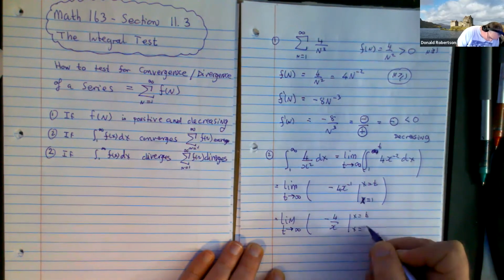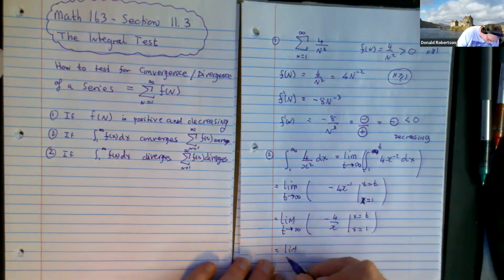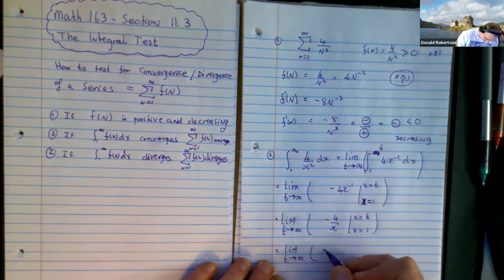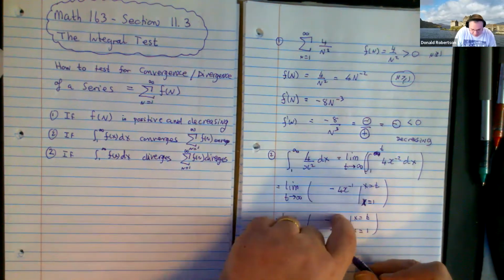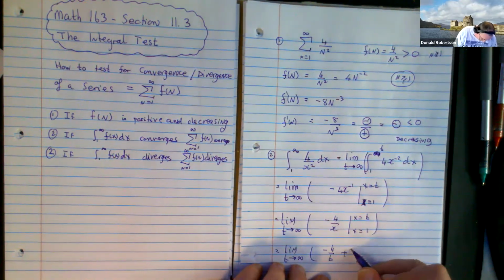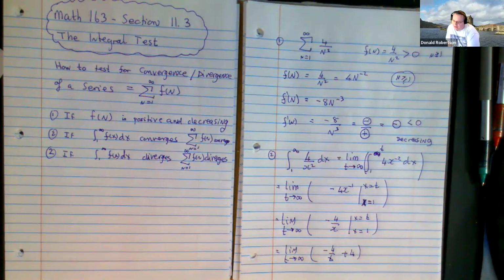Now I can simply plug in some numbers, replacing the x by 2 different values. When you plug in t, you get negative 4 over t. Take away negative 4 over 1, which is basically add 4. Are you comfortable with that calculation just done in my head?